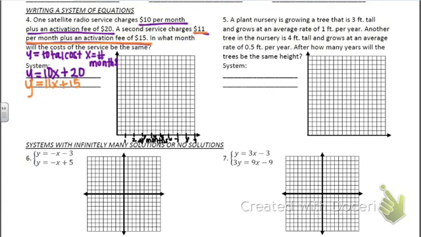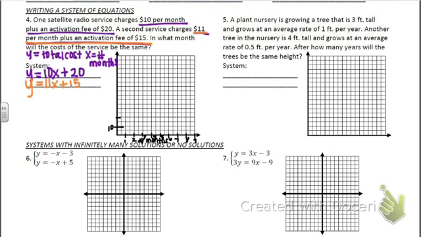And on the y-axis, that cost is going to start growing pretty quickly. So I am going, let me see. I'm going to let every mark be 5. So I'm just going to mark every 10.